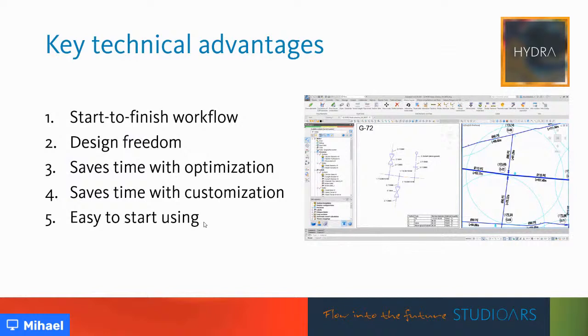So the key technical advantage of Urbano software is that it gives you a start-to-finish workflow. As I pointed out, you can change your current workflow, which probably includes many different tools, and slim it down.